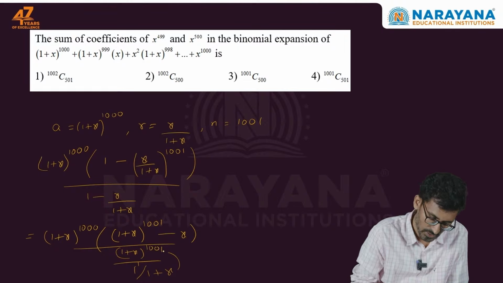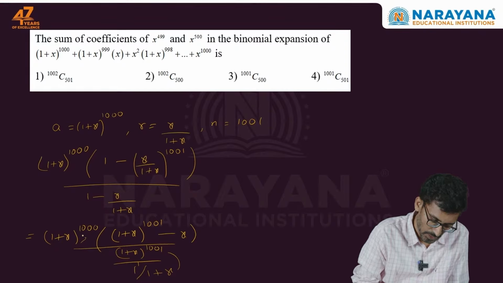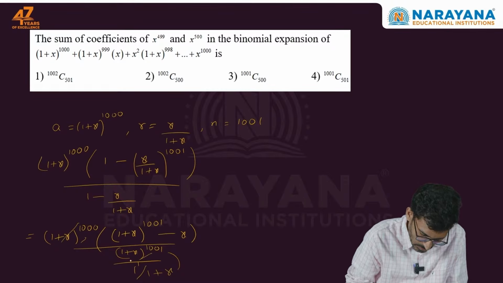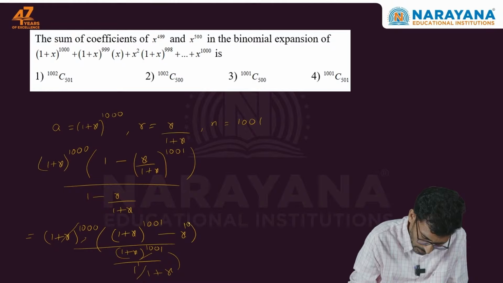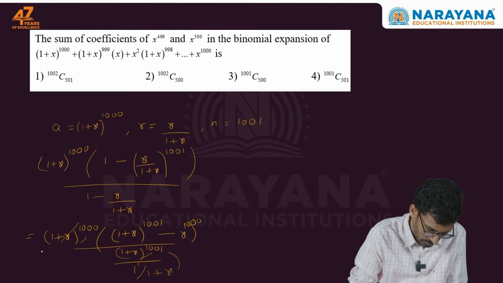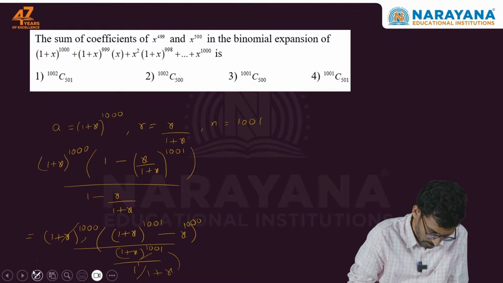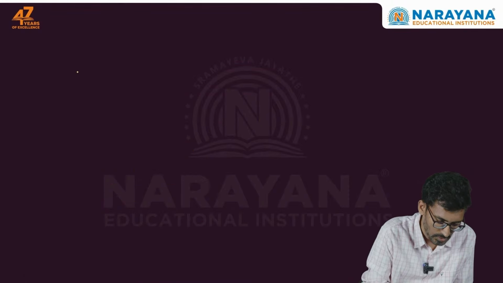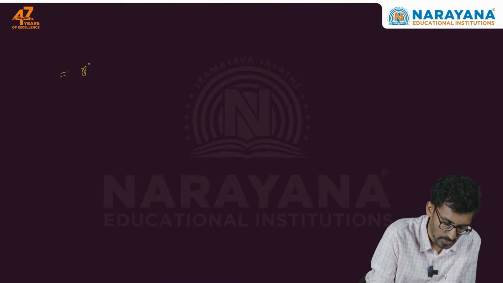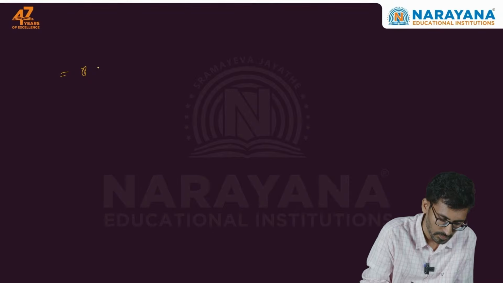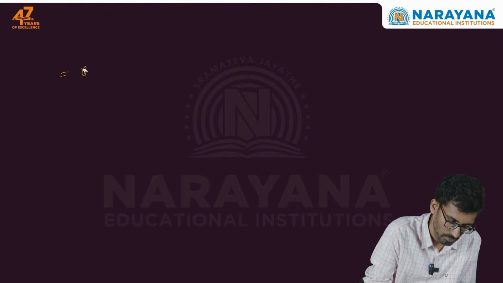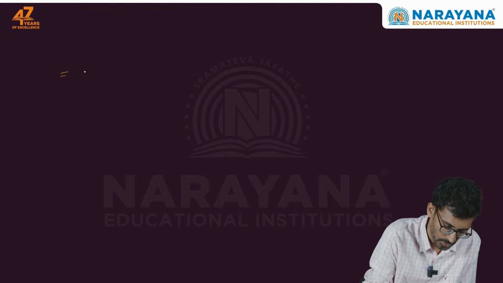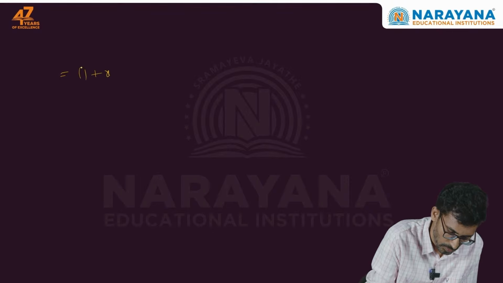You will get (1 plus x) whole power 1000 and in the numerator we have (1 plus x) whole power 1000. So they will get cancelled out. So here what is the term we are getting? So we are getting a (1 plus x) whole power 1001 minus x power 1001.